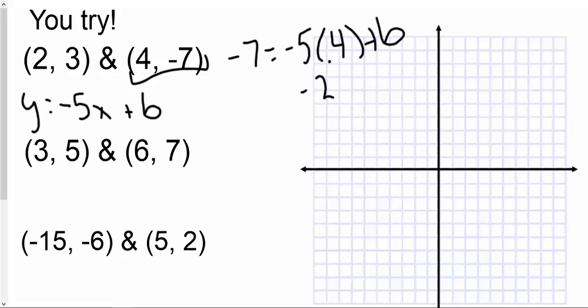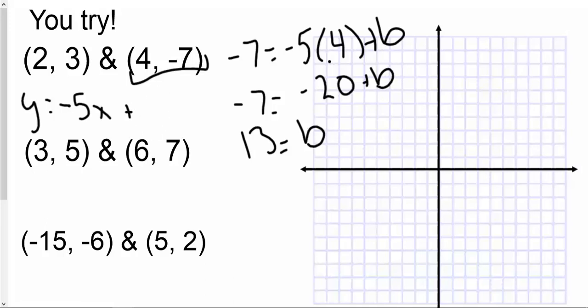And so -20 plus b is equal to -7. And that's going to give us a very high number. This number will actually be a little bit off our graph, and that's okay. We'll work with that, right? So we get y equals -5x plus 13.